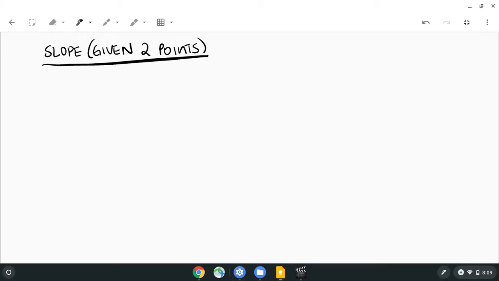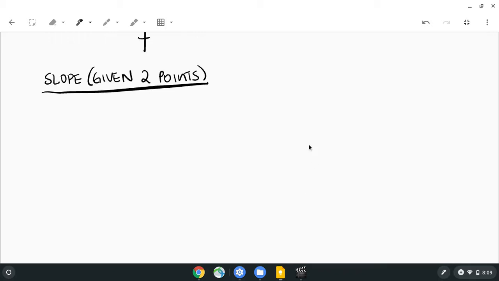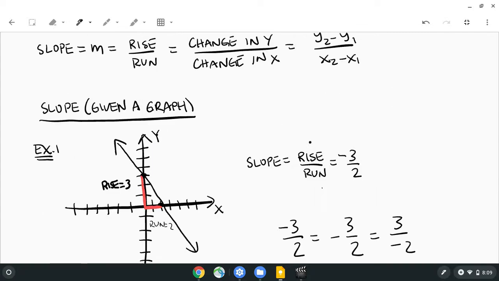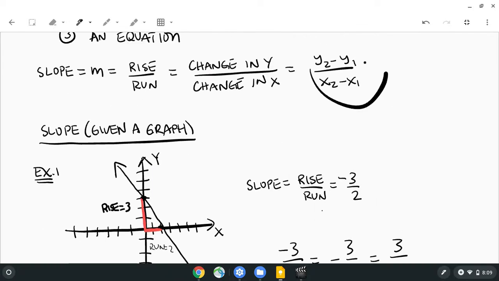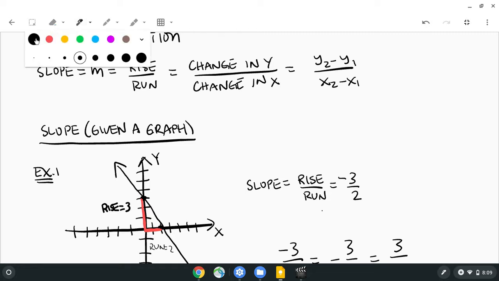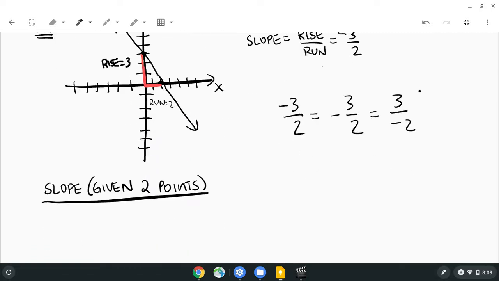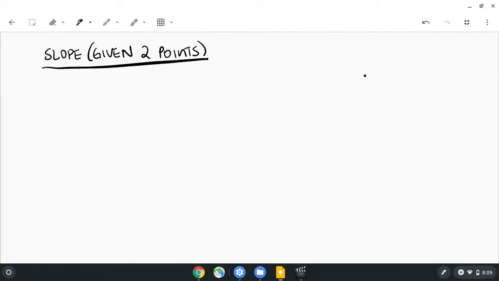Okay, so here, when we're given 2 points, we are going to use this idea right here to find the slope. We'll write it down over here, so don't worry about it.